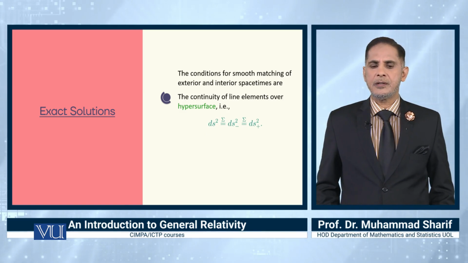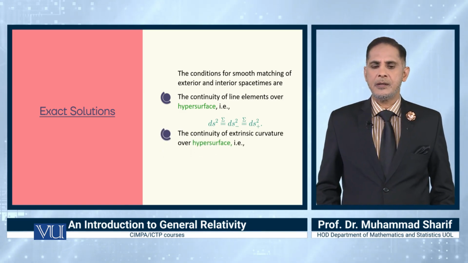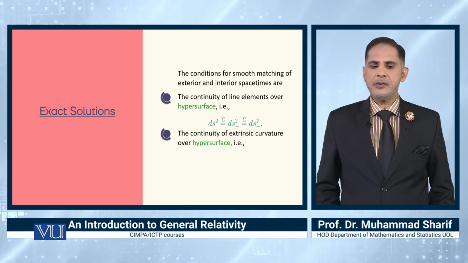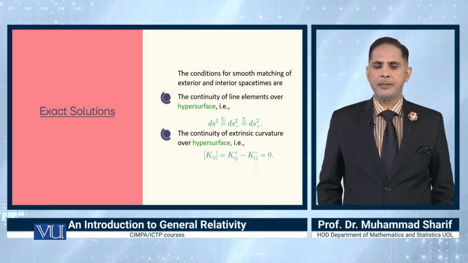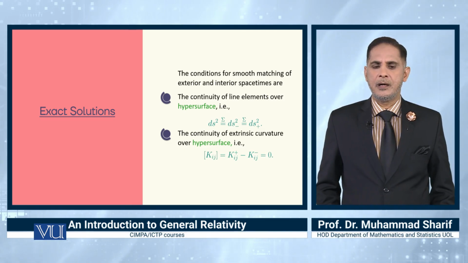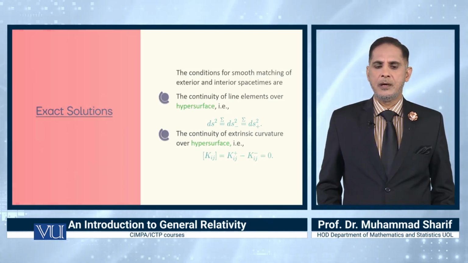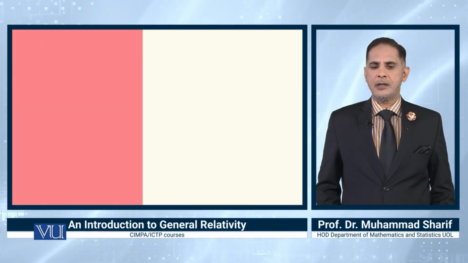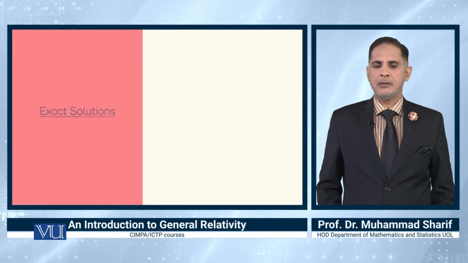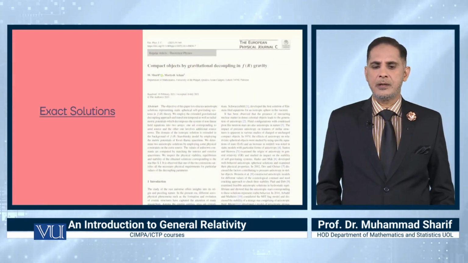This is the first condition. And the second condition is the continuity of extrinsic curvature over the hypersurface. This is given as follows. This is in fact the Darmois matching condition, and if there is a discontinuity in the extrinsic curvature, then we have the Israel junction condition.